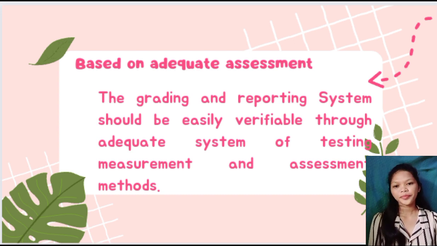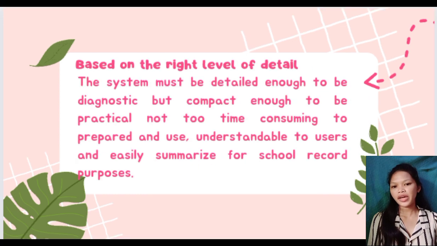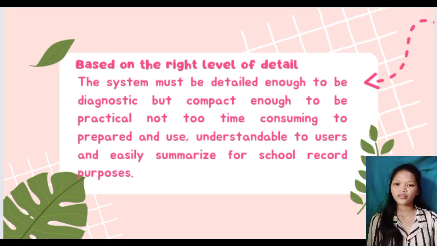Very good. So next is based on the right level of detail. The system must be detailed enough to be diagnostic but compact enough to be practical, not too time consuming to prepare and use, understandable to users, and easily summarized for school record purposes. So, what do you think this means?